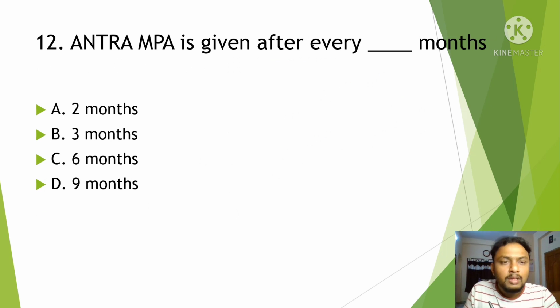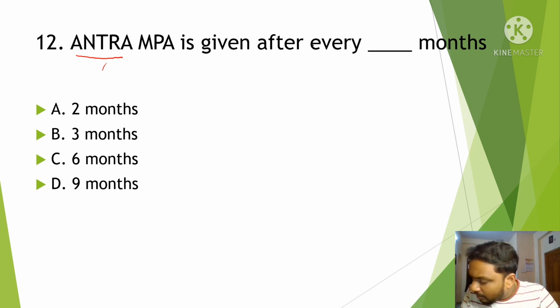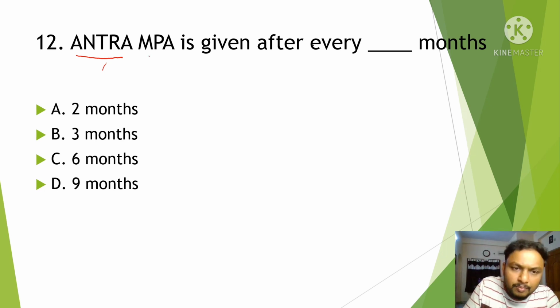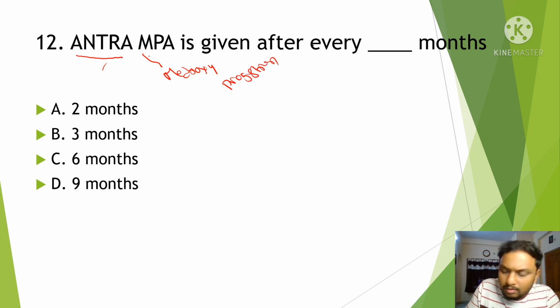Next question. Antra MPA is given after every dash months. Antra is a program. MPA stands for medroxyprogesterone acetate.